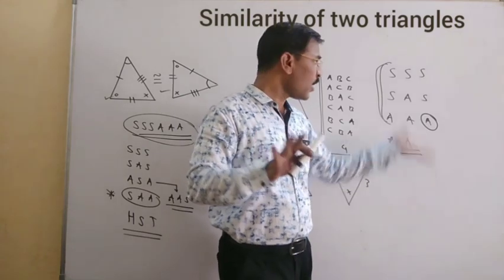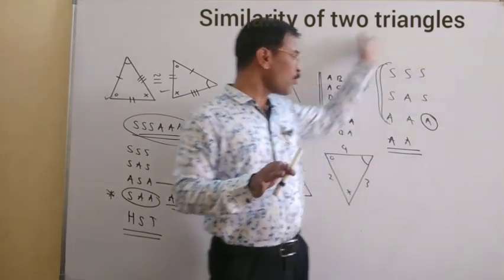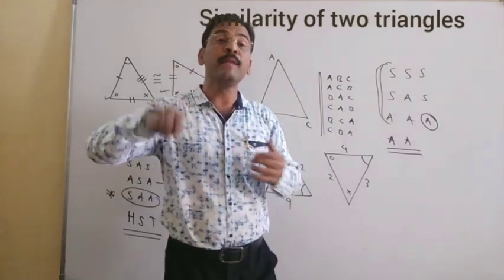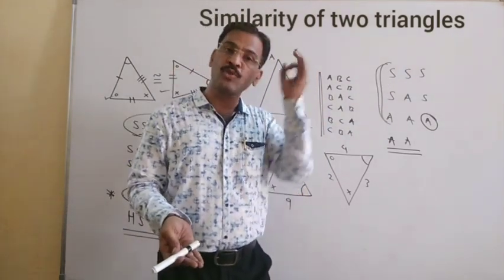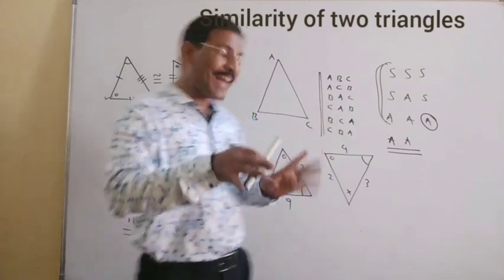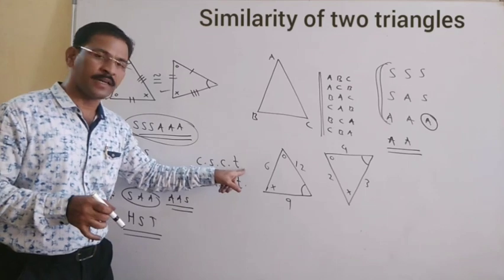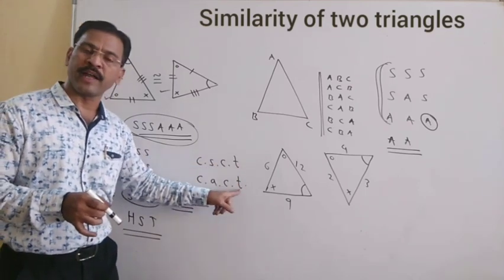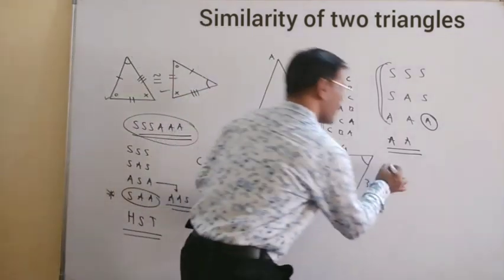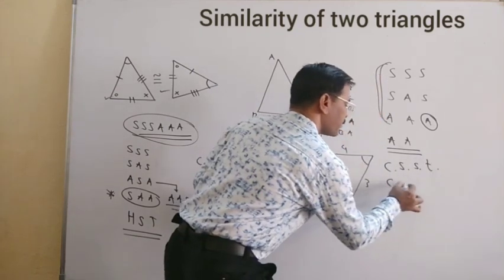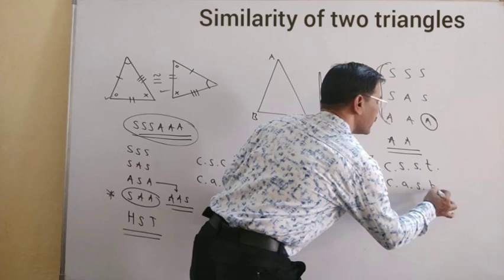Understand, friends? Now, whenever you are going to use any one of these three tests, their remaining conditions are also satisfied, as in congruency. Corresponding sides of congruent triangles, corresponding angles of congruent triangles. Here also we can write corresponding sides of similar triangles, corresponding angles of similar triangles.